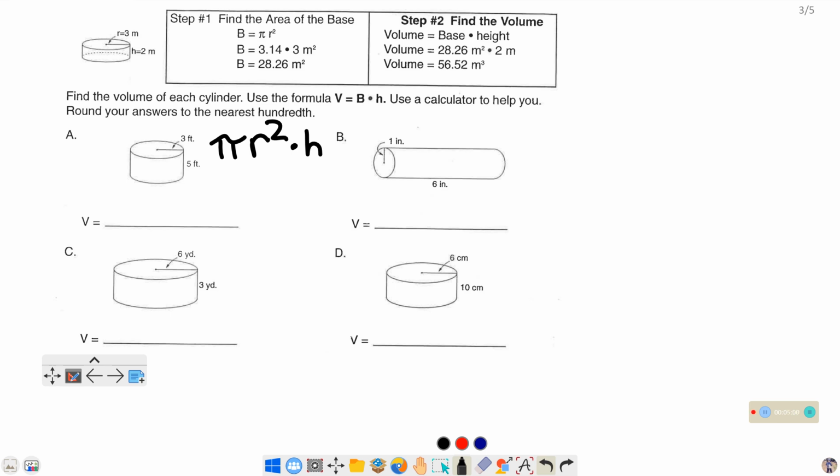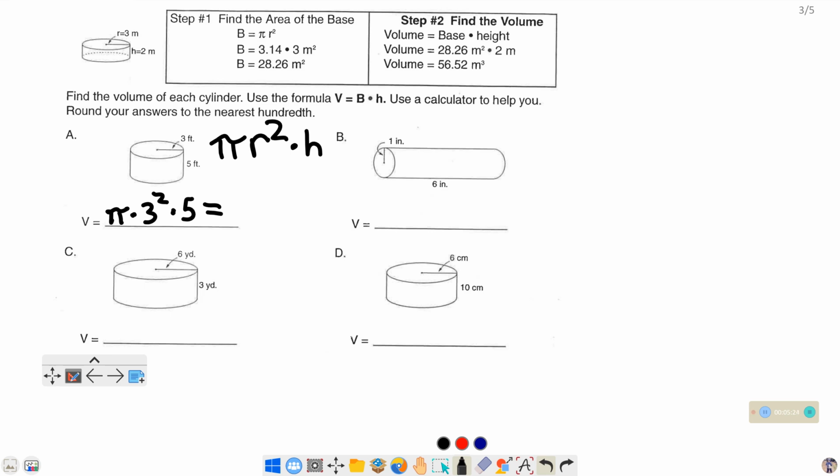On your paper, though, I do want you to record, if I were to do problem letter A, here's what I would write. Pi times the radius 3 squared times 5, which is the height, equals.